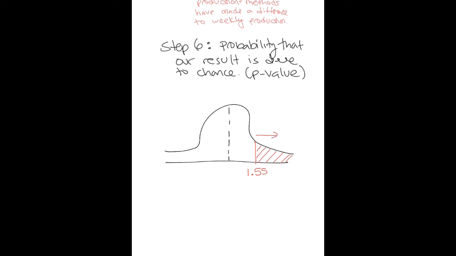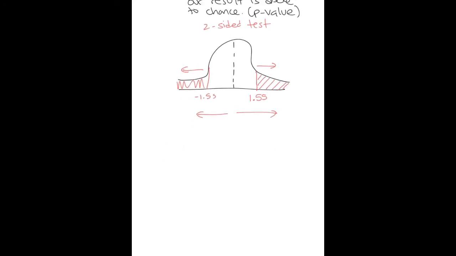If you recall, this was a two-sided test, or a two-tailed test. Therefore, whatever we do on the right side of the distribution, we also have to do on the left side. So we will also have to find the area to the left of negative 1.55. So really all we do is find one side and multiply to get the p-value on both.